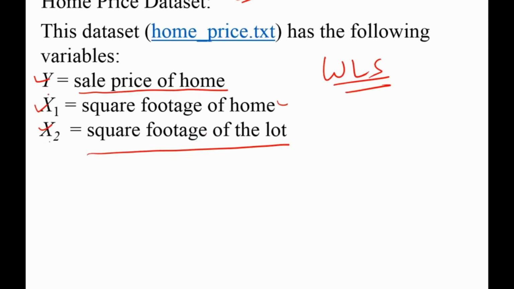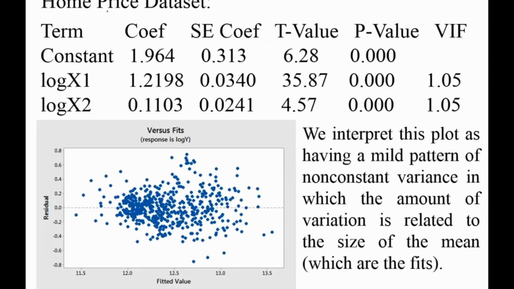Now using x1 and x2, we need to find out how they are related to the price of a home. So we use ordinary least square, and we found the estimates. We have the coefficient, standard deviation, t values, p values, and so on.